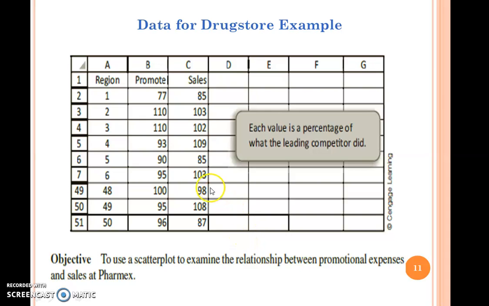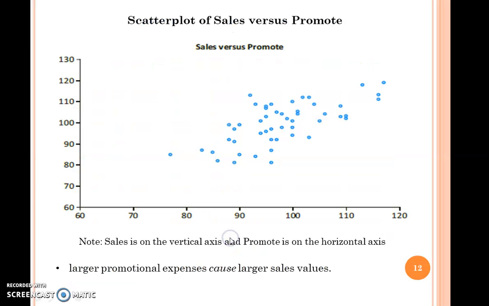For this table, we'll draw the scatter plot. If you draw it, the data points will look like that, and here we cannot draw any straight line. Here sales is on the vertical axis and promote is on the horizontal axis, the promotion.